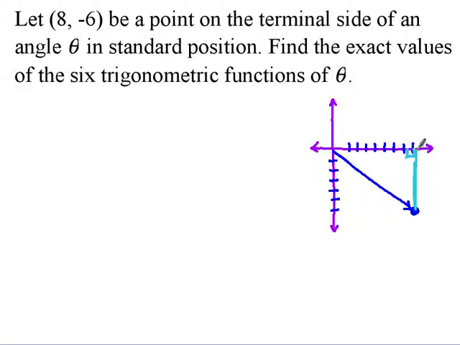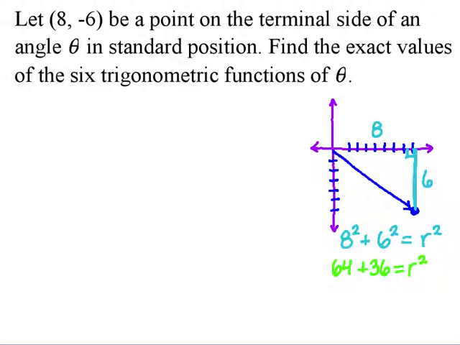What is my horizontal side, the length of it going to be? 8. What's the vertical side? 6. So now I need to find the hypotenuse in order to solve. In order to find the hypotenuse, I'm going to do 8 squared plus 6 squared equals r squared. 8 squared we know is 64. 6 squared we know is 36.